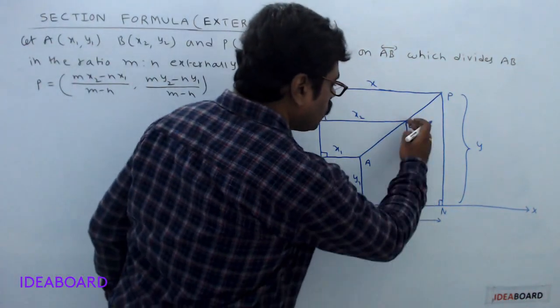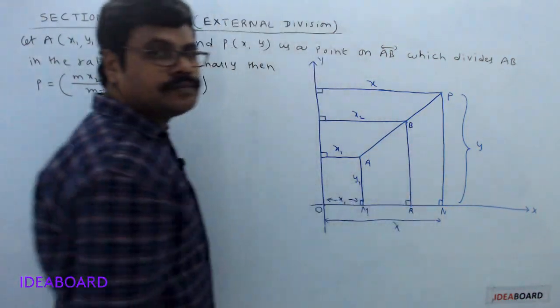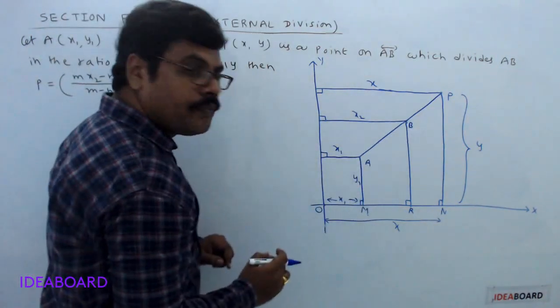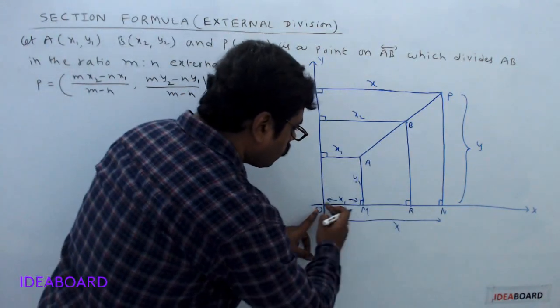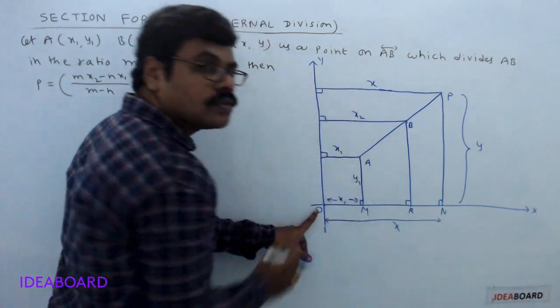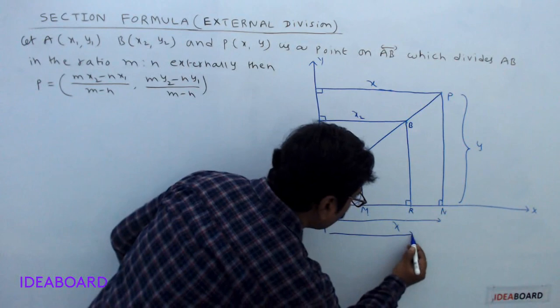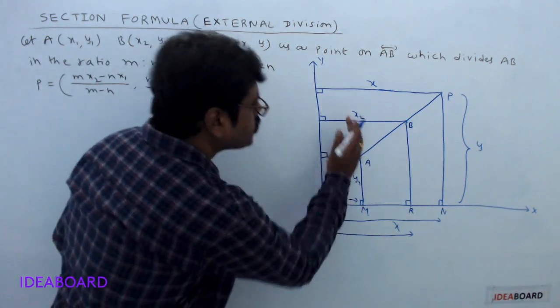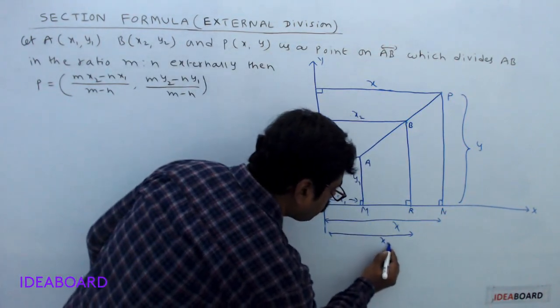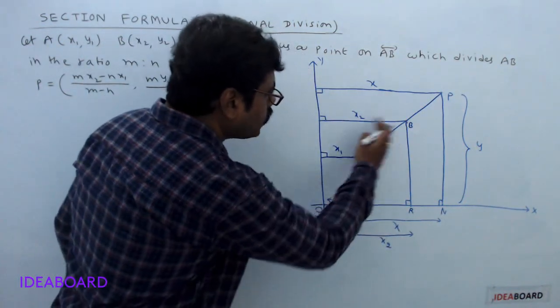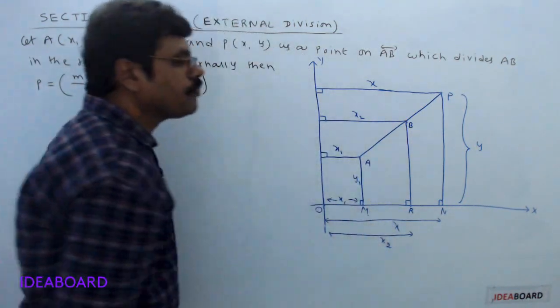So this full length will be taken as y2. Now here this length is x2, then the length of OR is also x2. So the distance from O to R is the same as x2.